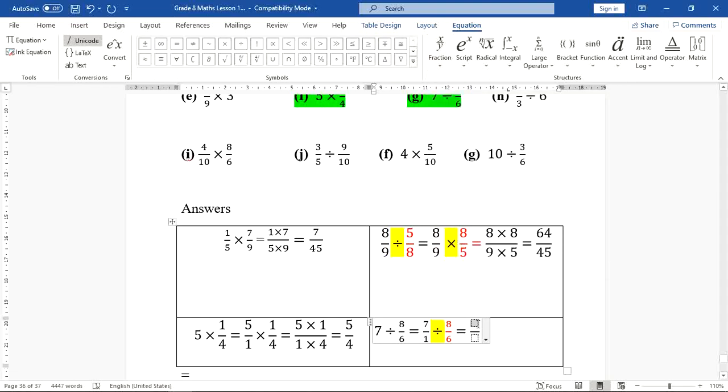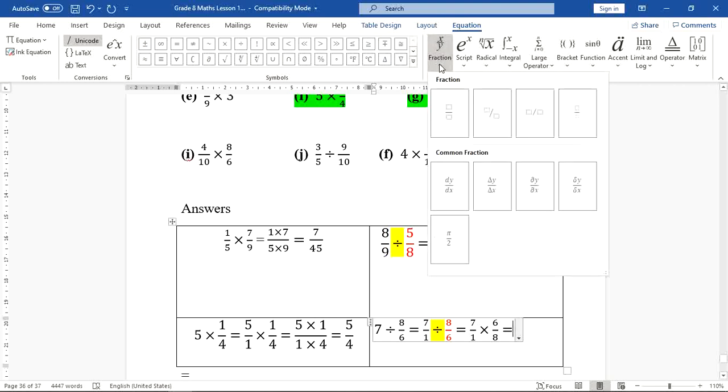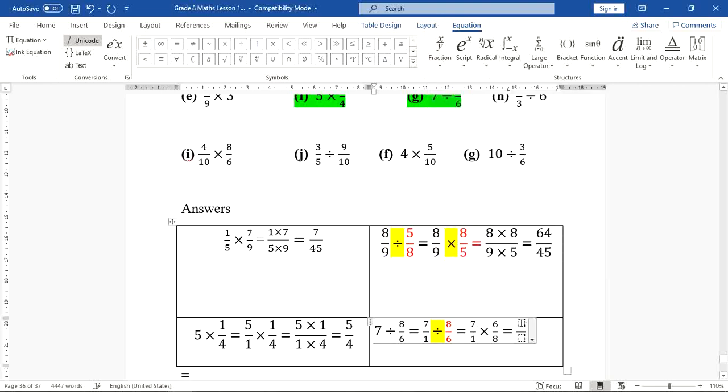Then we multiply with the reciprocal of 8/6, which is now 6/8.